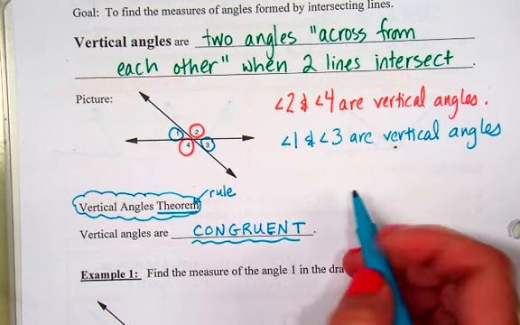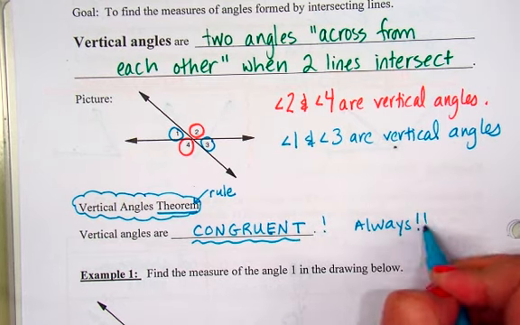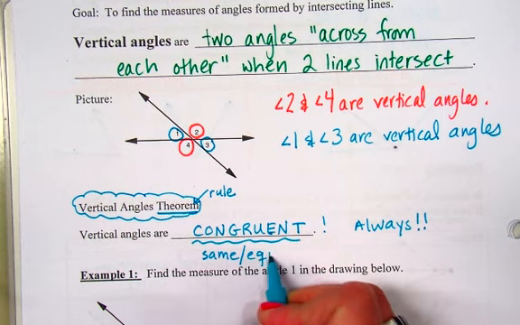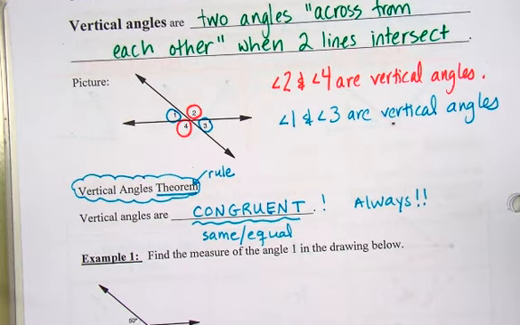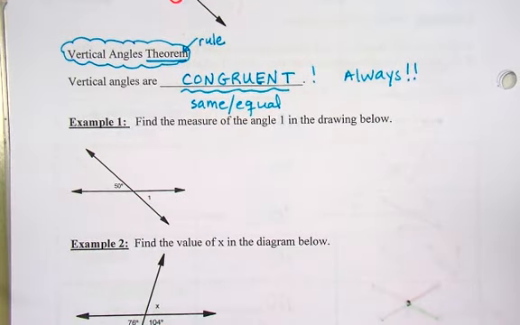Always, always, always. Okay, remember congruent just meant that they are the same or equal. So no matter what, if we know one of our vertical angles, the other one is always going to be the same.